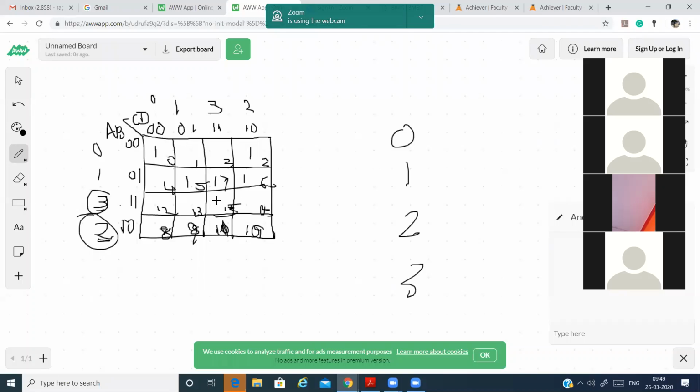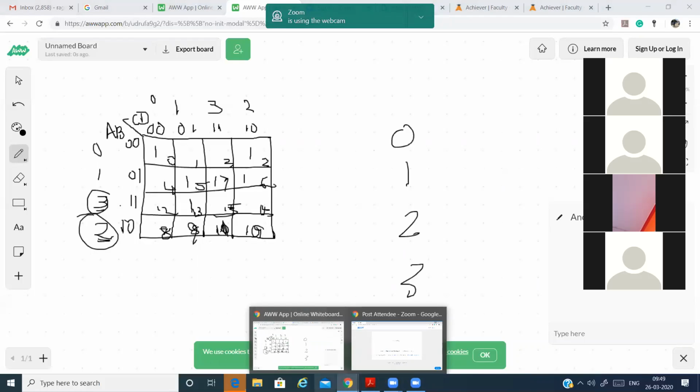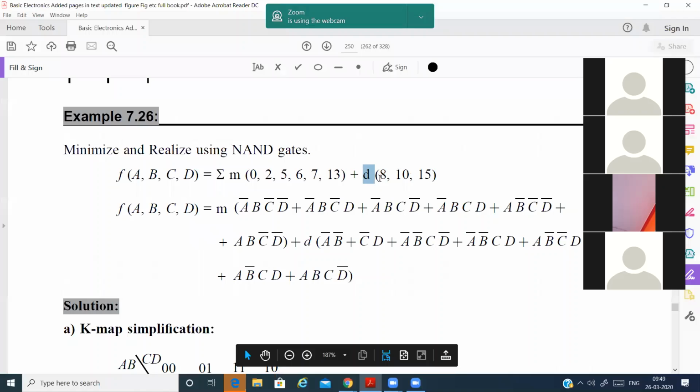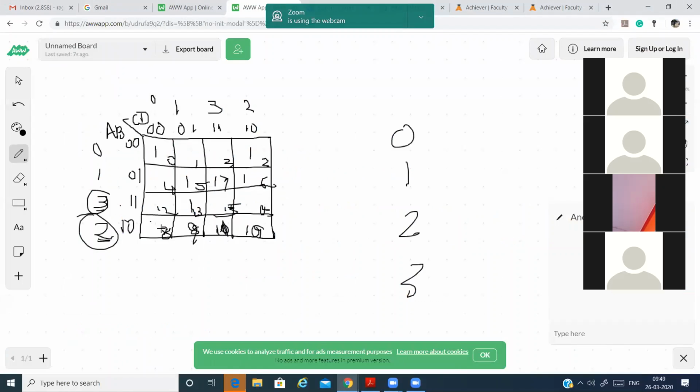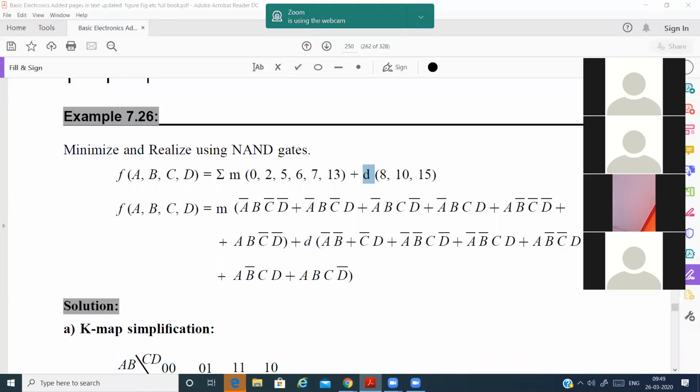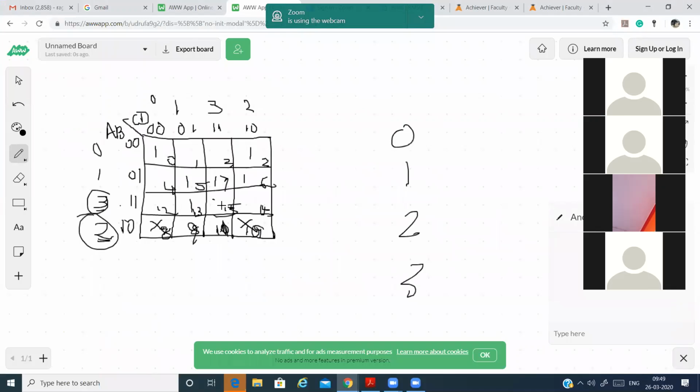After that, we have the don't care condition. 8, D means don't care. 8, 10, 15. Wherever it is don't care, we just put a cross mark. 8, 10, and the other number, 15. Like this, we are going to mark it.